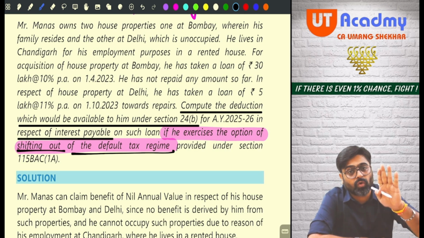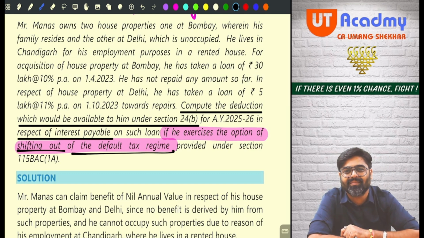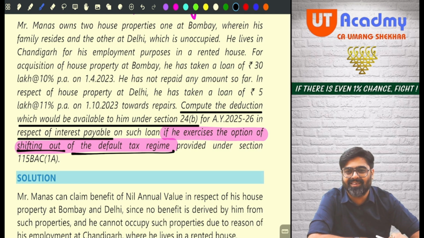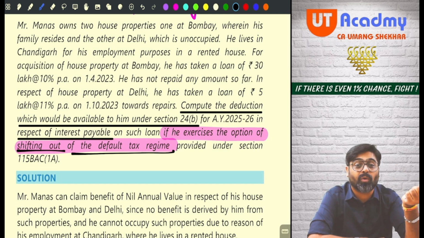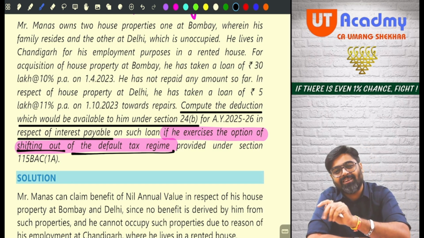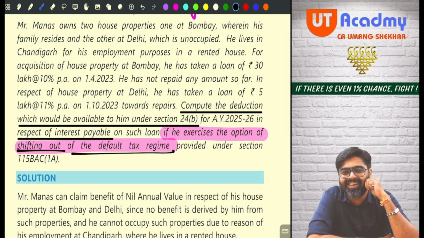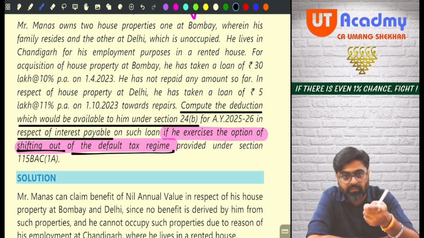They are telling you to calculate the interest on housing loan deduction which is available because you are not following 115 BAC. But if they would have kept the question same and told you that he was following 115 BAC, then your answer should have been directly nil. Got it? Everyone?